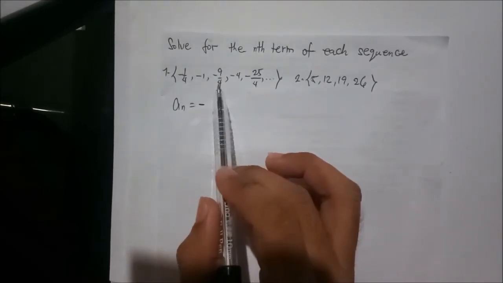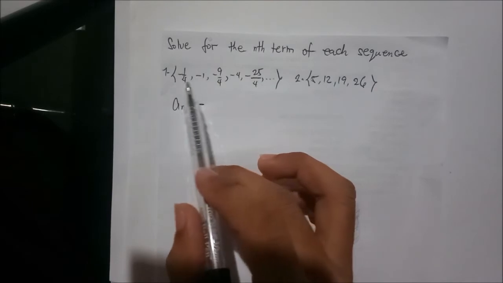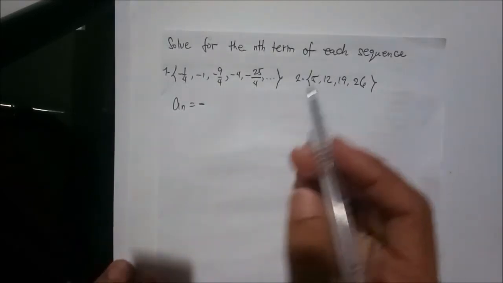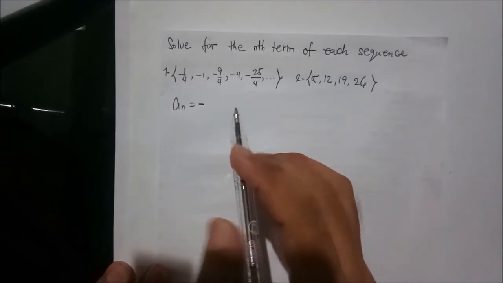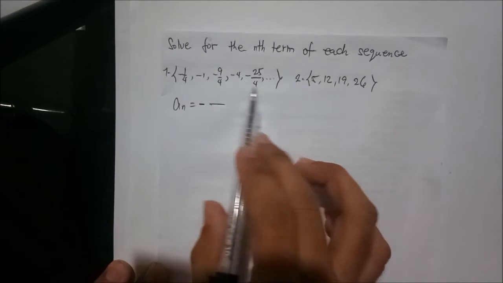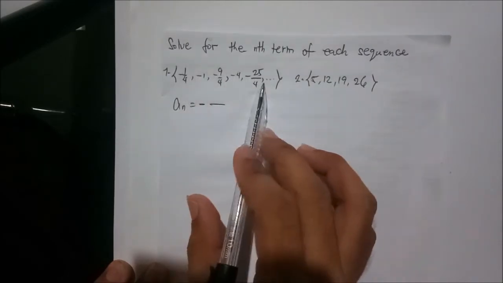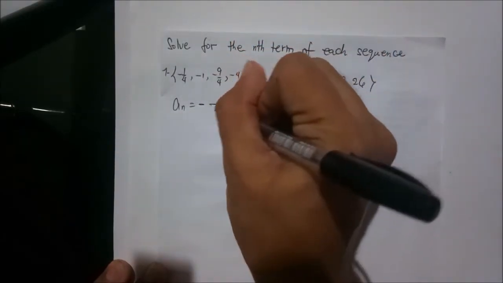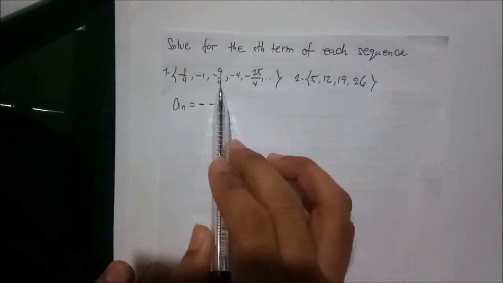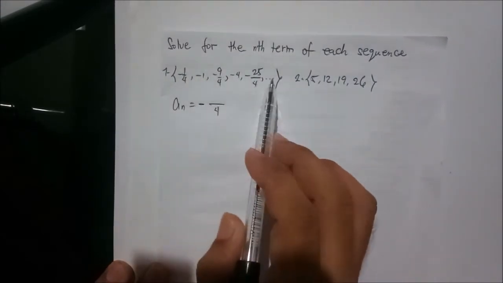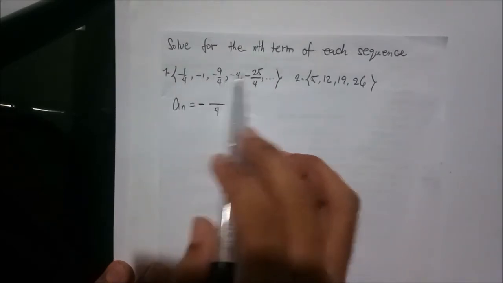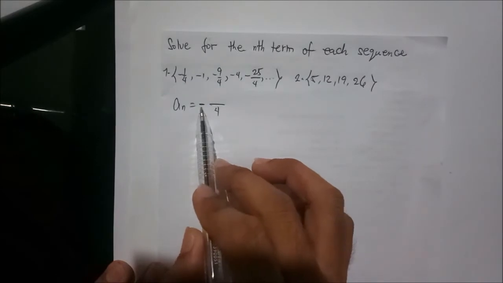Have you seen a denominator of 4 in each fraction? So do you think this nth term is a fraction? Yes, because the sequence has fractions. So the denominator is 4. Since all the fractions have 4, and all the numbers of this sequence are negative, that's why we have a negative.